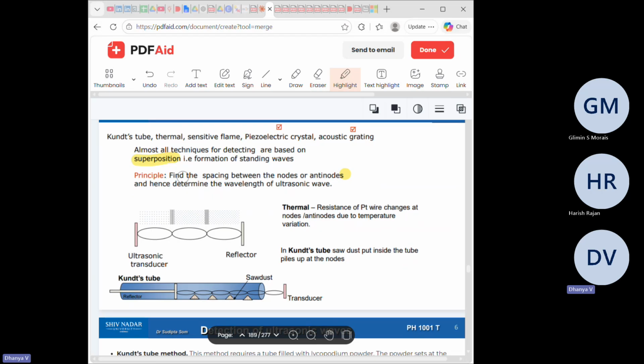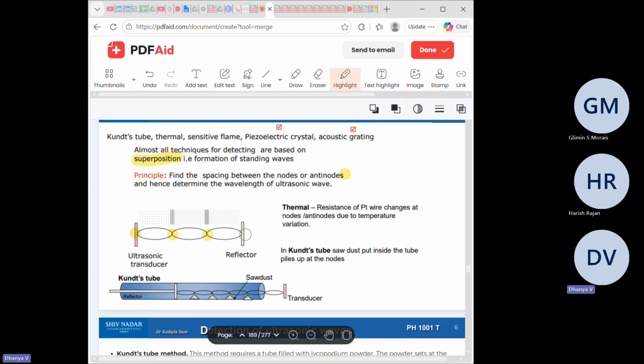The principle is to find the spacing between the nodes and the antinodes and hence determine the wavelength of the ultrasonic wave. So these are your nodes, where it is densely populated, and the rest are your antinodes.